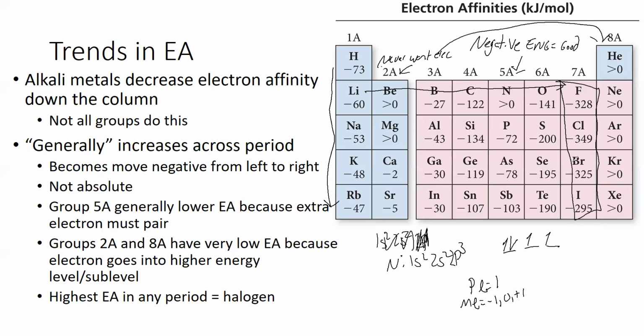So they have a very, very negative electron affinity. So in general, as you go down the periodic table, electron affinities become worse. As you go across, they become better. But there are a lot of exceptions to this.